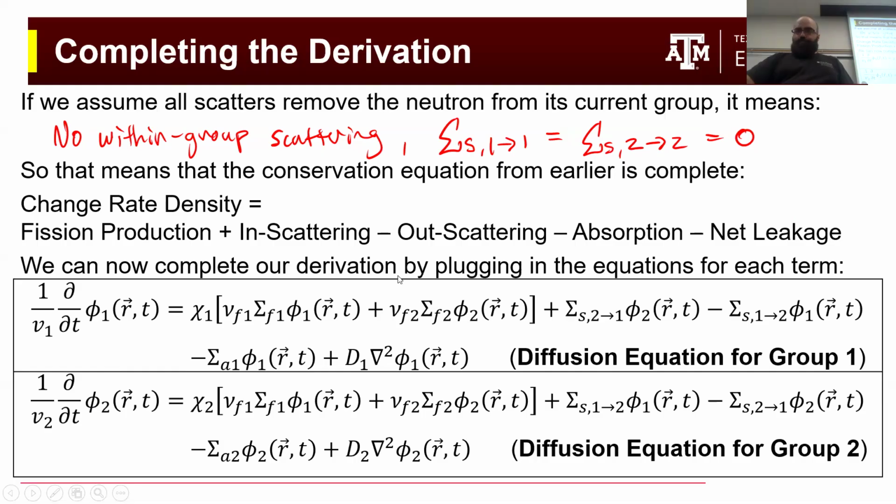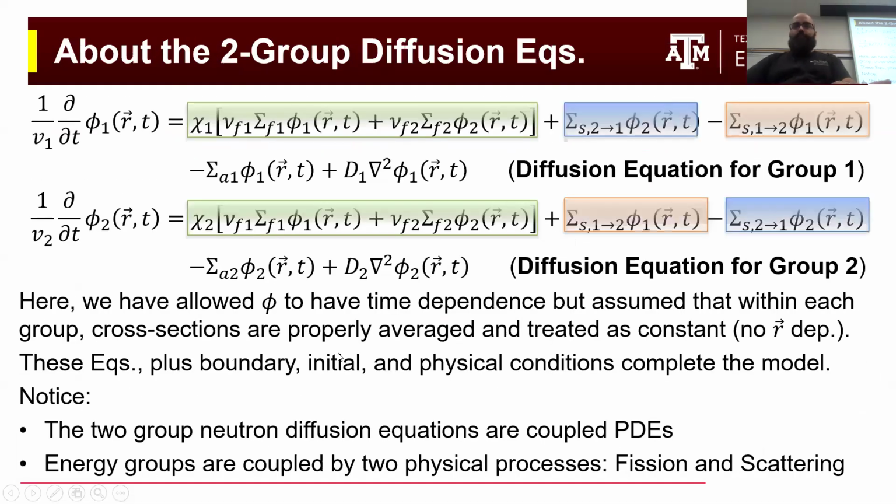And if I go to the next slide, I highlighted these terms so that we can see, with the equations that we've developed, the coupling between these two energy groups. The green term is my fission production term, and neutrons from group 1 and group 2 participate in fission reactions that could add neutrons into group 1.